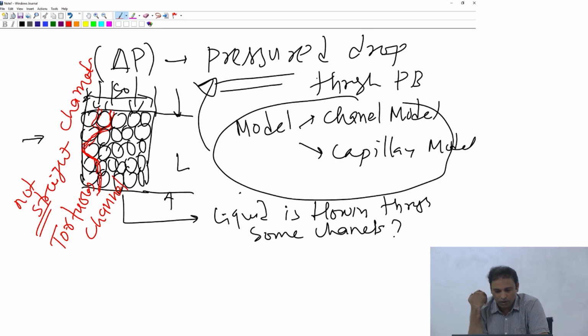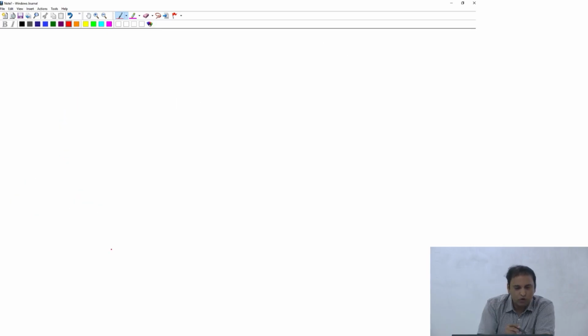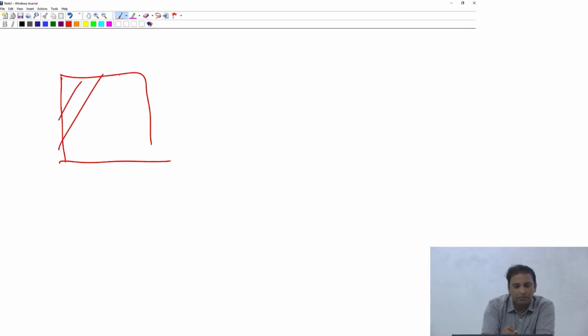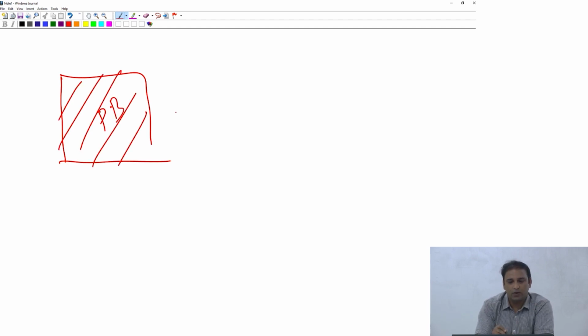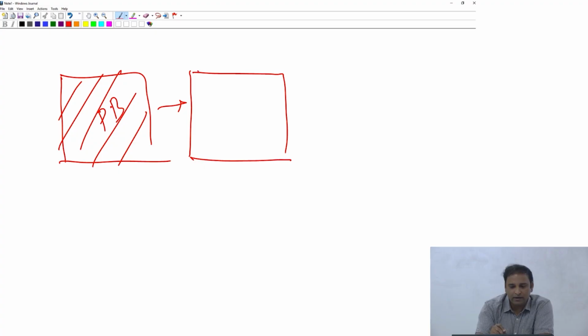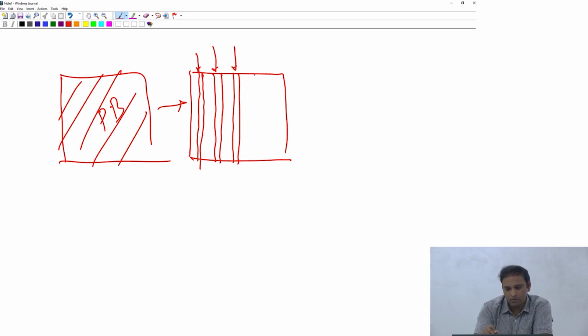Now the way we are going to work out this channel model is that I'm going to replace a complicated packed bed with a very simple configuration, where there is a channel for the liquid to flow through, and you have the hatched region that I'm drawing.